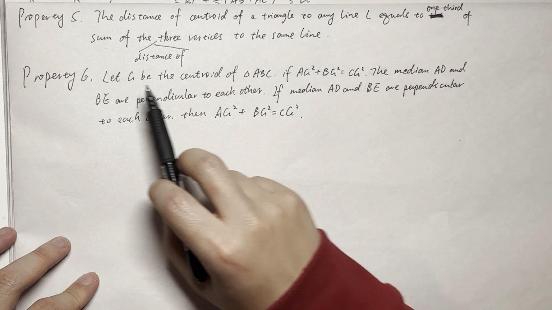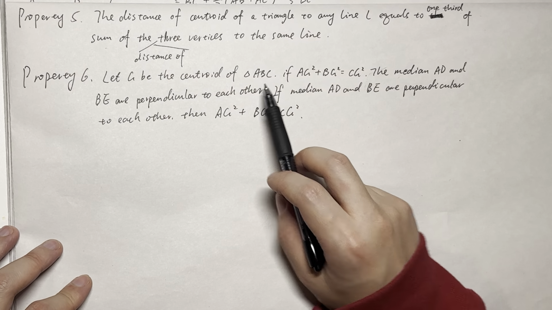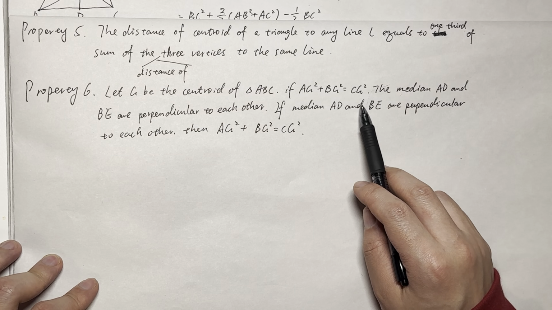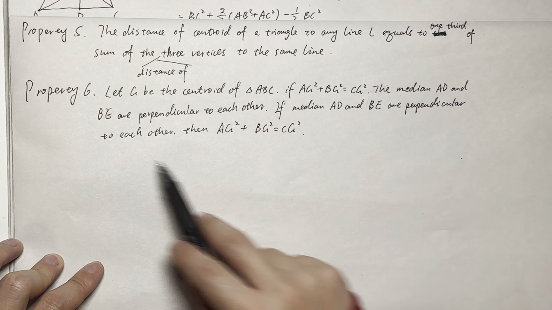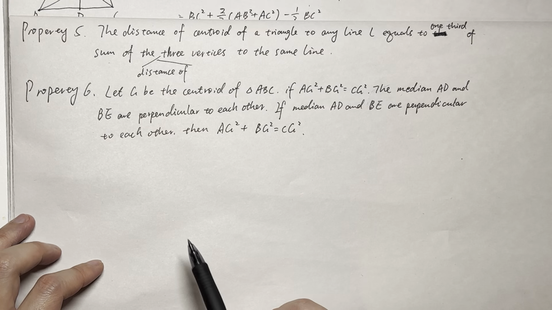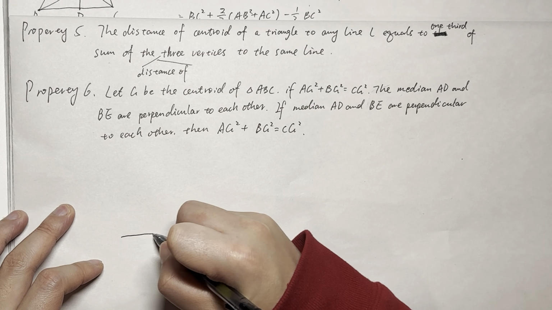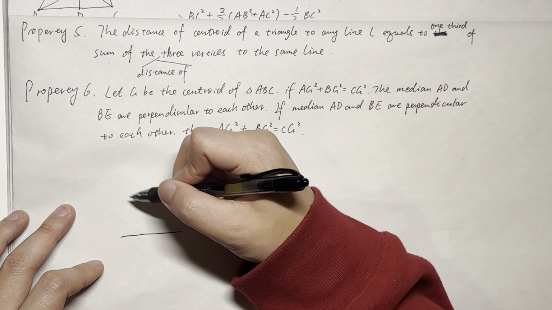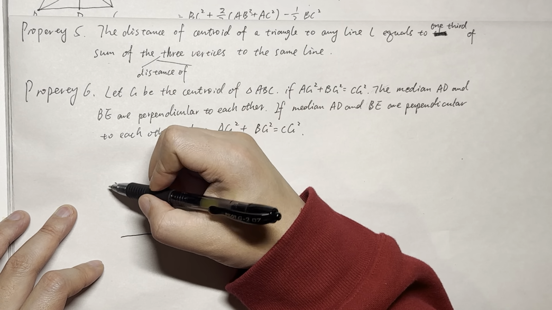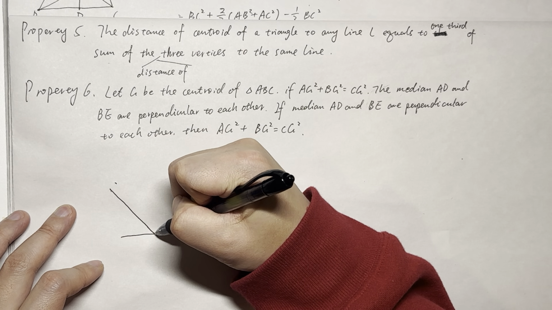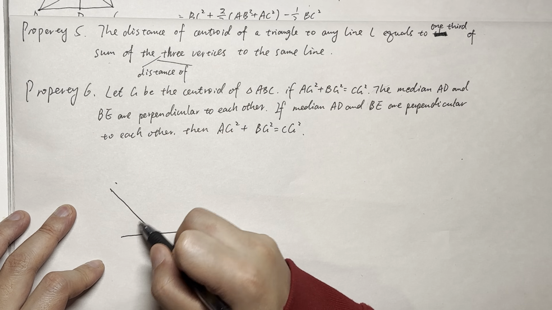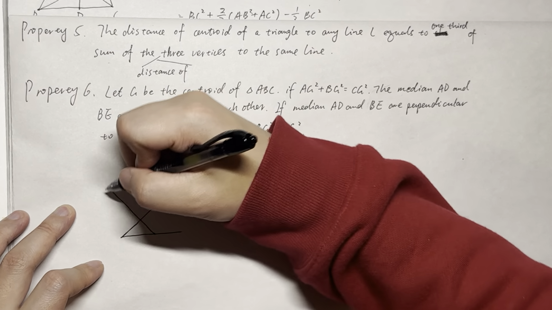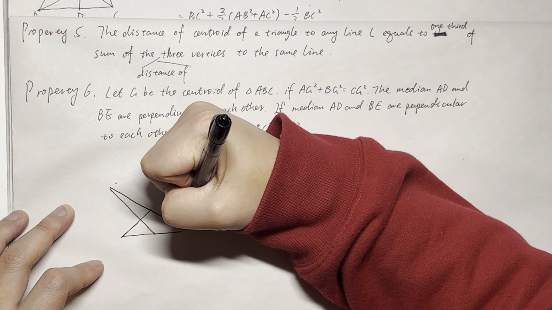Let G be the centroid of triangle ABC. If AG squared plus BG squared equals CG squared, the medians AD and BE are perpendicular to each other. So let's think about the medians. It looks like this. We want it to be perpendicular, roughly.